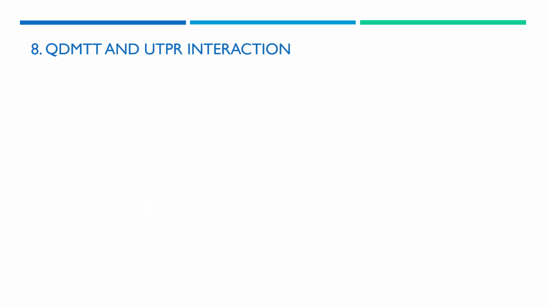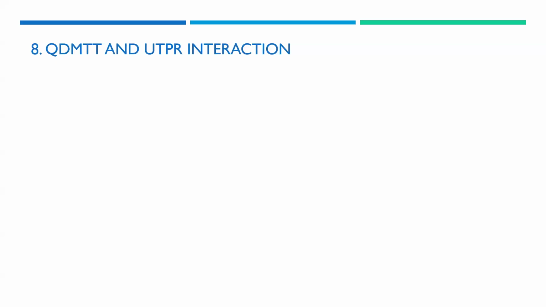And yes, now I told you that UTPR has to be collected. Now there is something called QDMTT also, which is qualified domestic minimum top-up tax. In case a qualified domestic minimum tax comes, how will the hierarchy be? In the hierarchy for implementation, I told you the first level of charge is always IIR, and then after the residual there is UTPR.